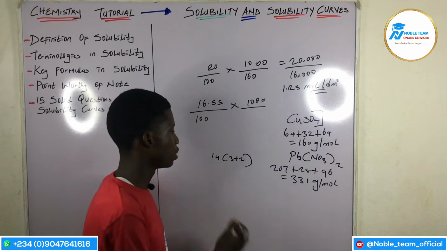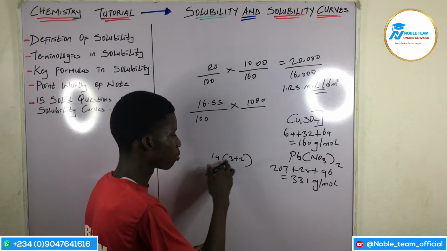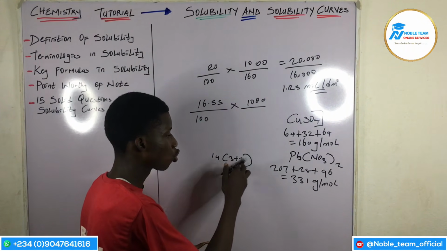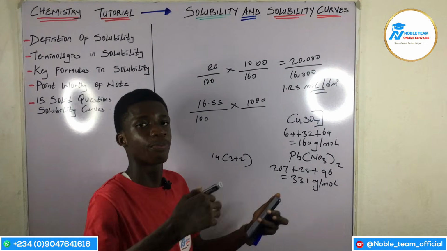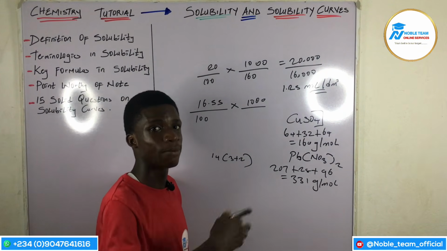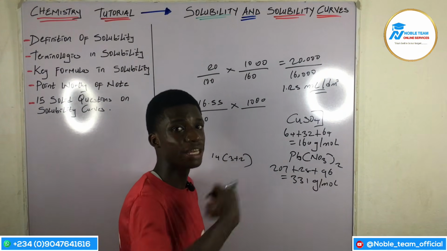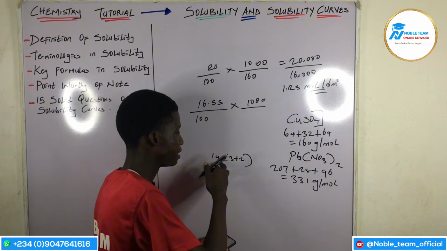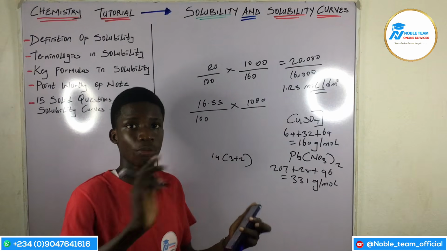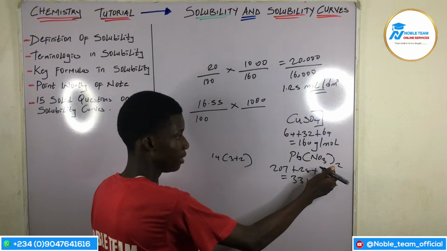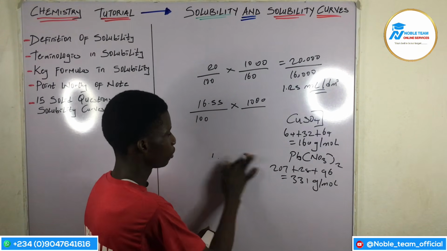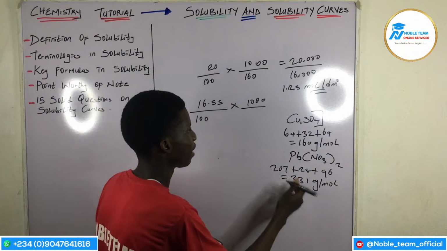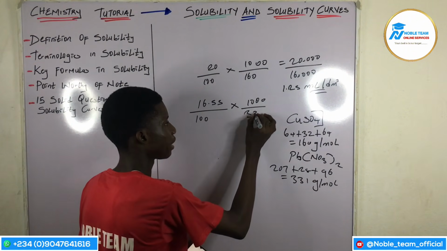What am I going to do here? 14 is going to multiply this, and 14 is also going to multiply this, because in the case of molar mass, the bracket comes first, before the addition process. This is why 14 will multiply this, 14 will also multiply this, then you sum it up. This is what I mean. So this is how I arrive at 331.